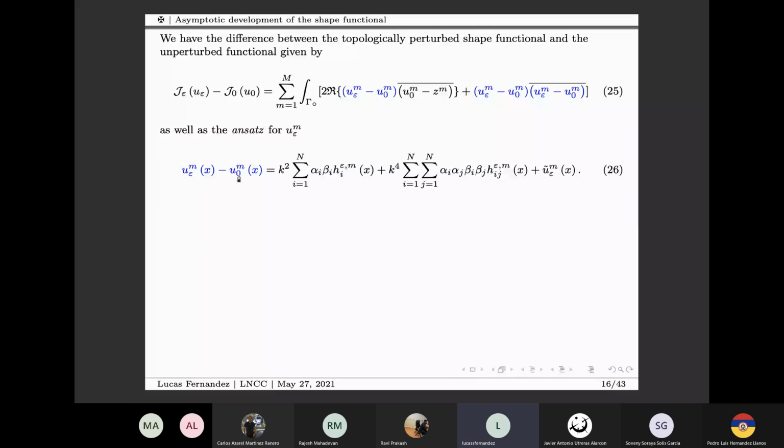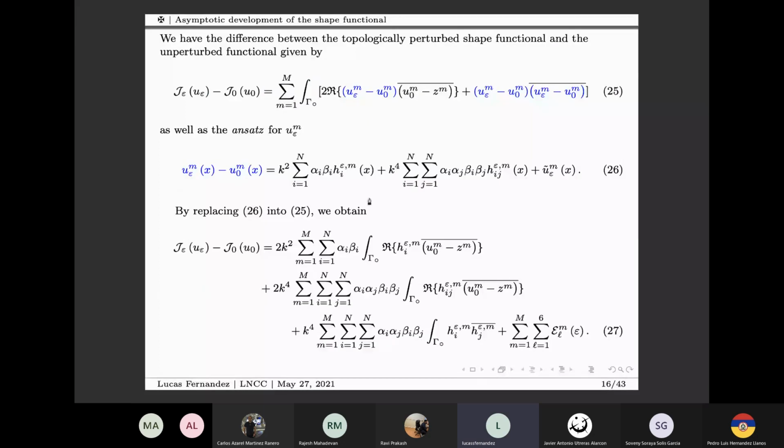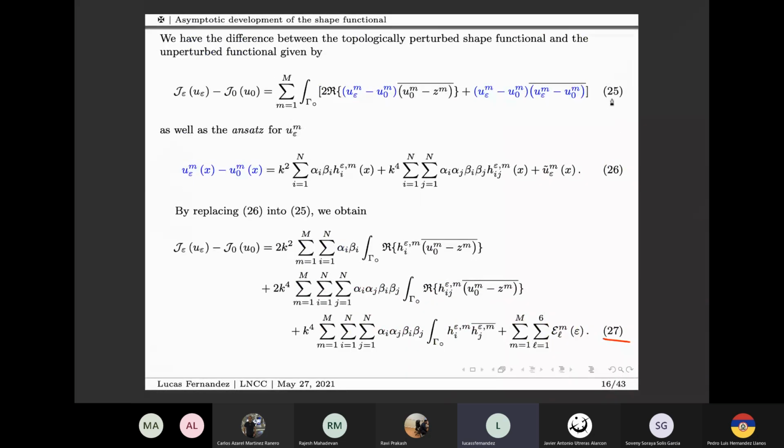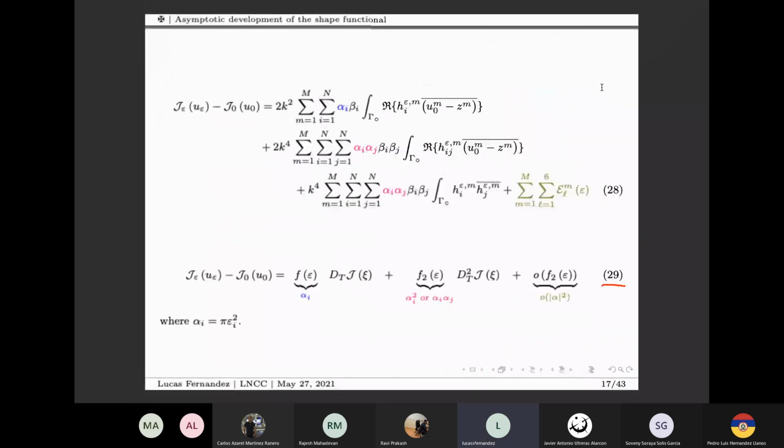And now I can replace 26 into 25, and I obtain expression 27. Let's recall our goal here. I'm looking for an asymptotic expansion like the one in equation 29. And as I manipulate equation 25, remaining terms came naturally in this process.